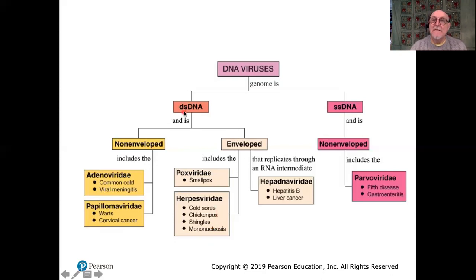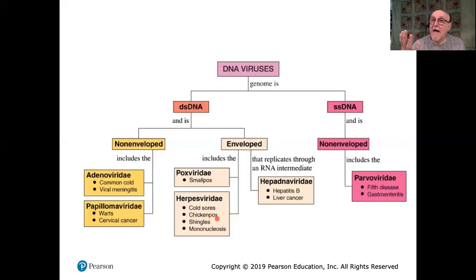They are enveloped, double-stranded DNA viruses. They have one other characteristic. Most of the herpes viruses are able to remain, after an initial infection, latent, usually do not reappear at all throughout the lifetime, but can do so. Chickenpox is a good example.